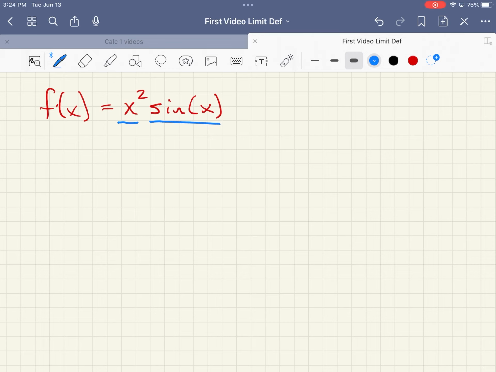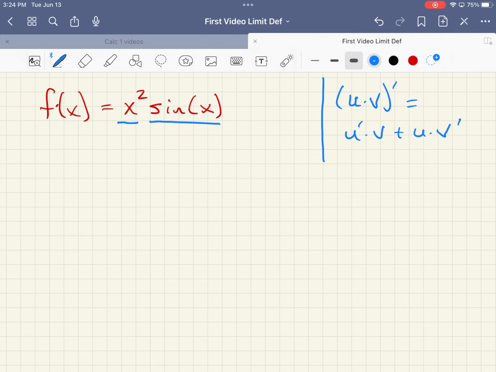Okay, so let's recall from our previous work that if I have the product of two functions, u times v, and I want the derivative of that, then that is going to be the derivative of the first function times the second plus the first function times the derivative of the second.